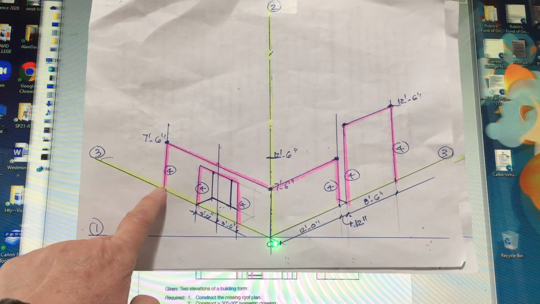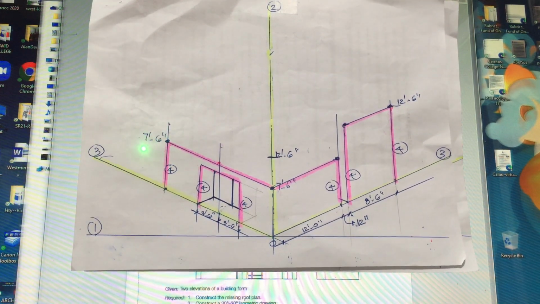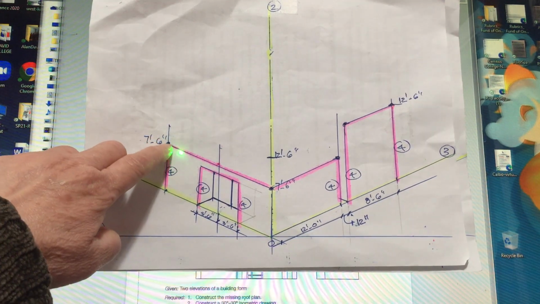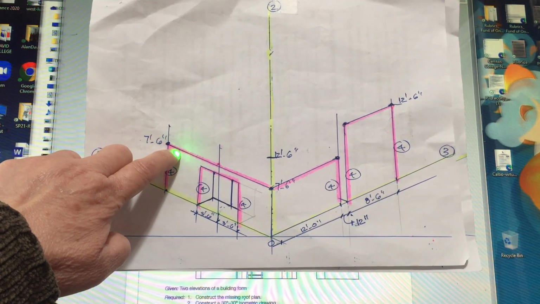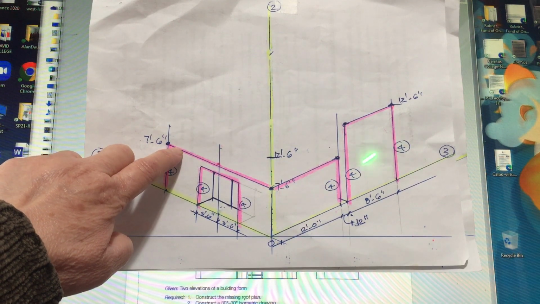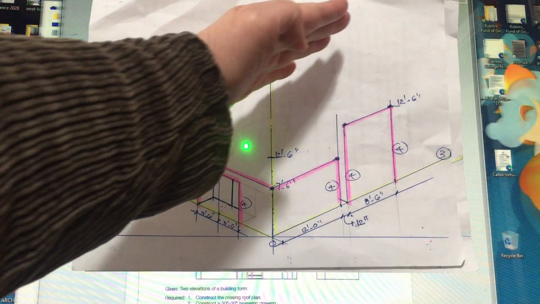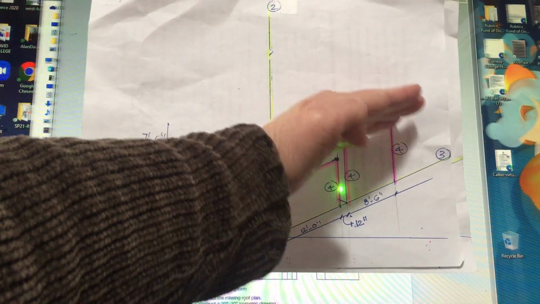From 0, I measure to here 17 feet, and I get up on 7 feet 6 for this one. From here, you go to 2 feet because it's the flat roof, and you go the line parallel with this one. Every time you draw the line on this side, you need to go like this, parallel.